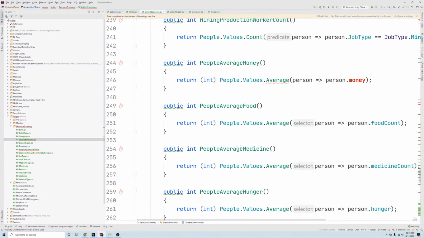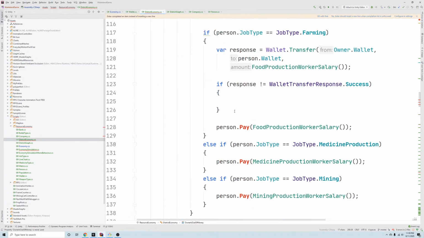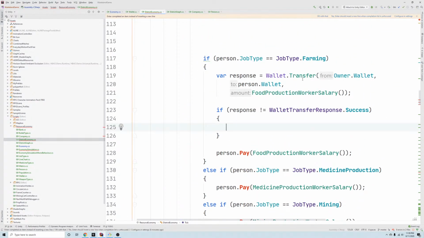So if the owner fails to pay the employee, this becomes true.